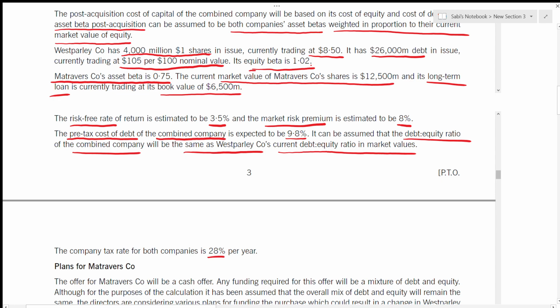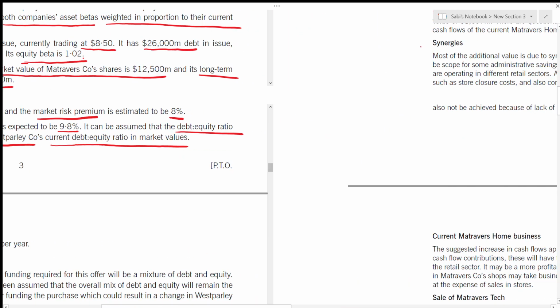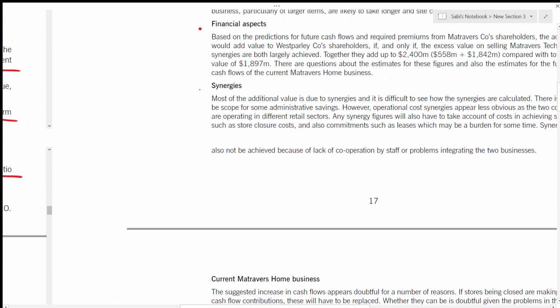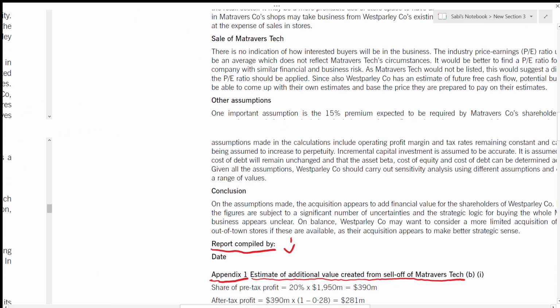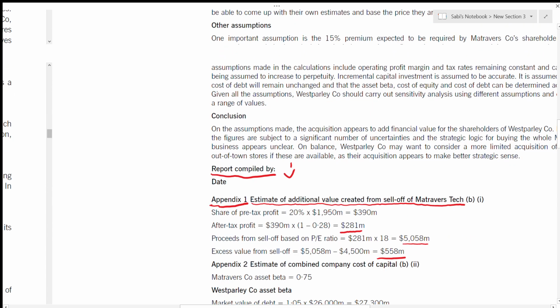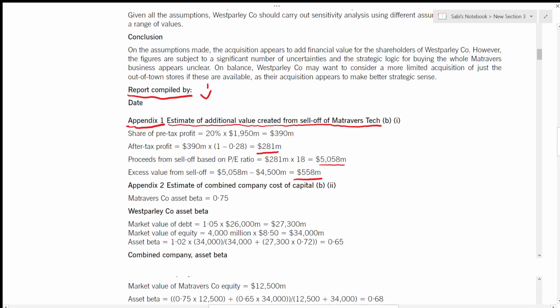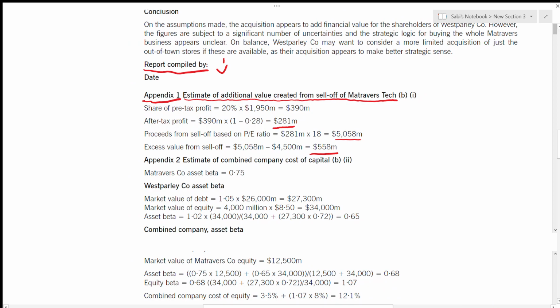Okay, so now how to start? Let's see how the answer is presented. I'm not going to touch the report now. I'm just going to the appendix, going through the working. Once you are done with all the appendices and all the workings, then go and start writing the report. Don't write one appendix, then the report, then appendix 2, then the report again.